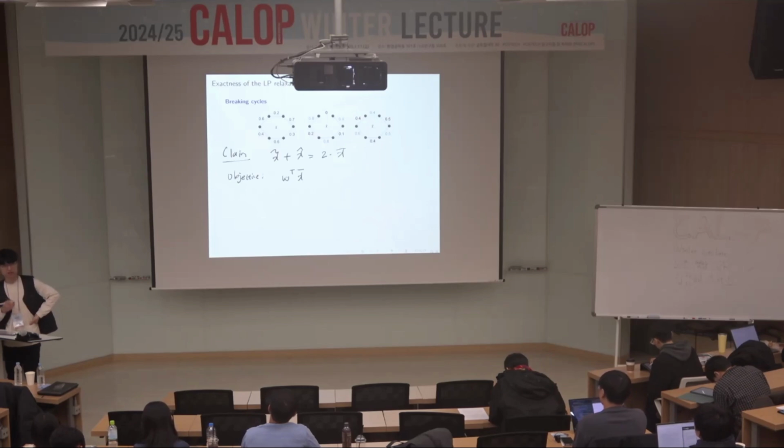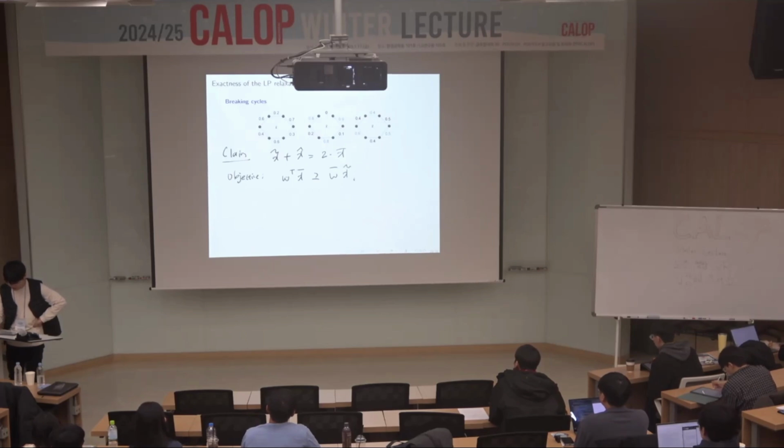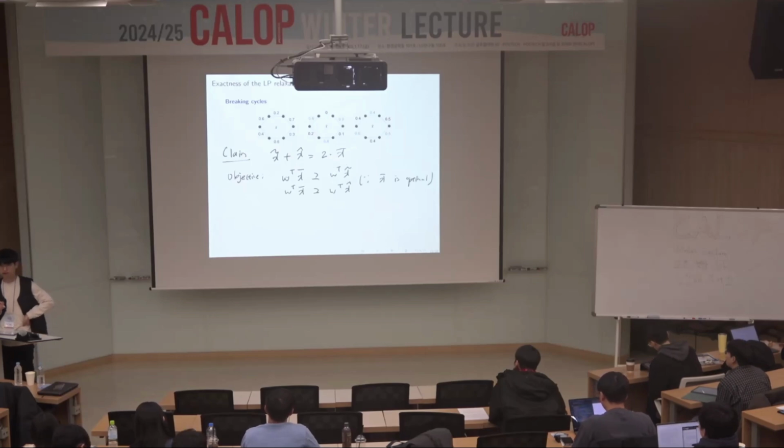I know that x bar is an optimal solution, so W transpose x bar is at least W transpose x tilde, and also at least W transpose x hat.